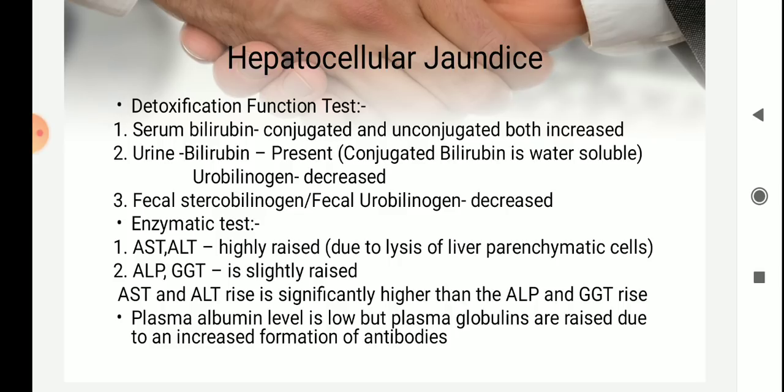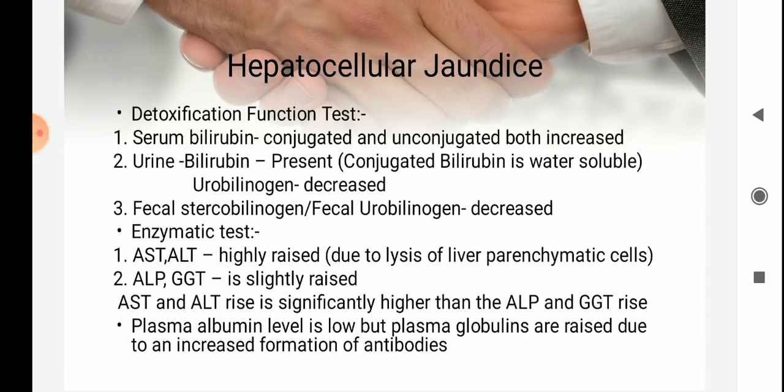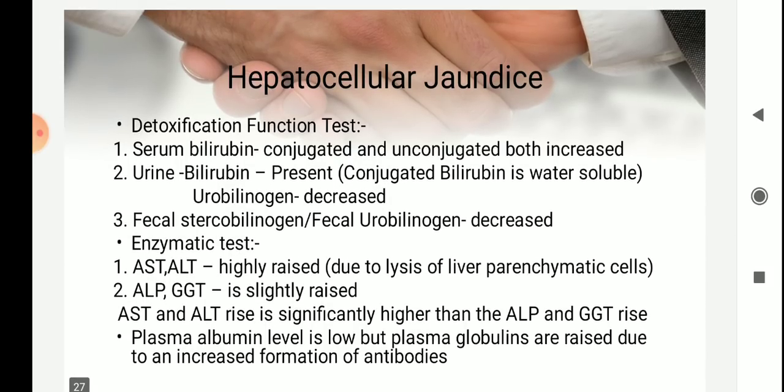So the enzymatic test, that's the part of the liver function test again, SGOT, SGPT, or the AST and ALT highly raised due to lysis of liver parenchymatic cells. So alkaline phosphatase, GGT level is slightly raised. So all these glutamyl transferases are raised here.